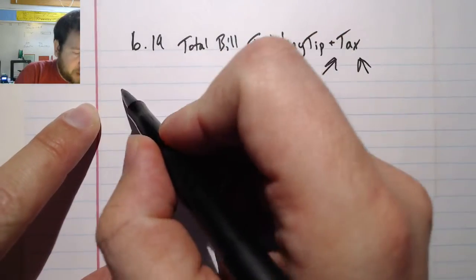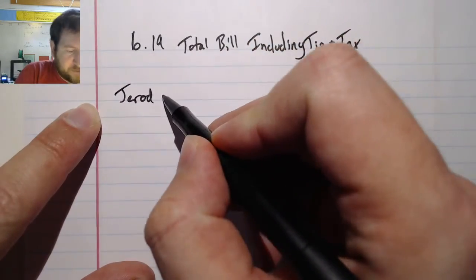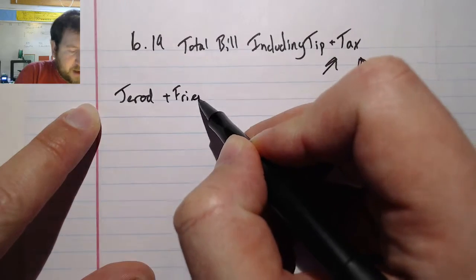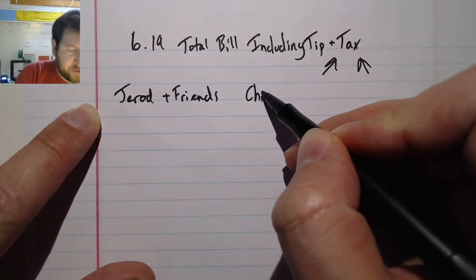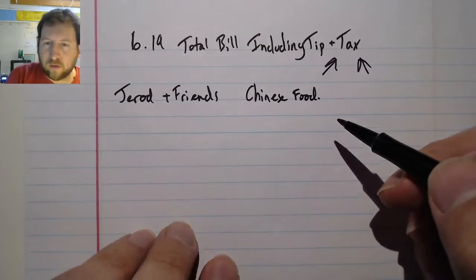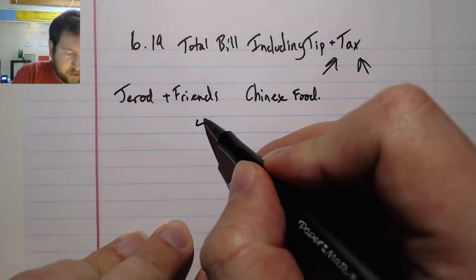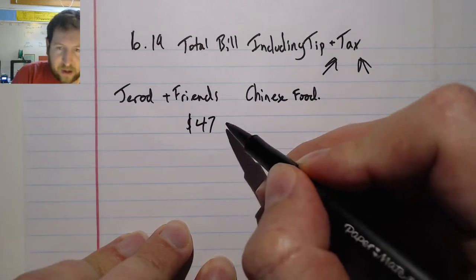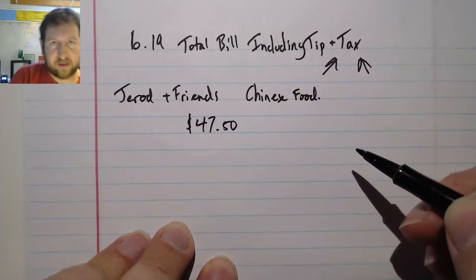So let's start with an example. Jared and friends went and got some Chinese food, and their total bill after the restaurant was $47.50.